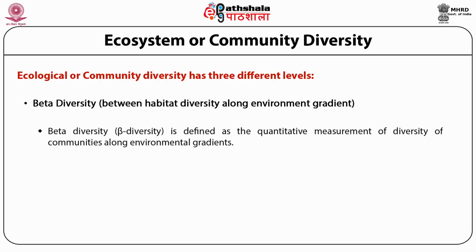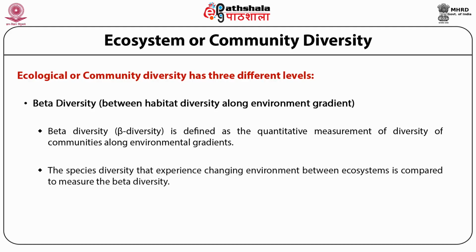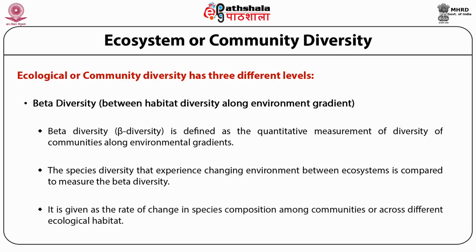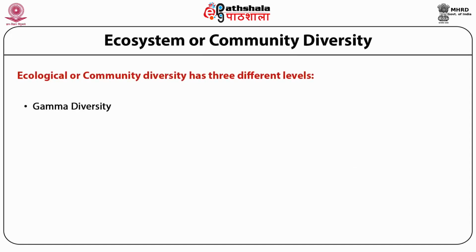Beta diversity is defined as the quantitative measurement of diversity of communities along environmental gradients. The species diversity that explains the changing environment between ecosystems is compared to measure the beta diversity. It is given as the rate of change in species composition among communities or across different ecological habitats. Number three, gamma diversity.